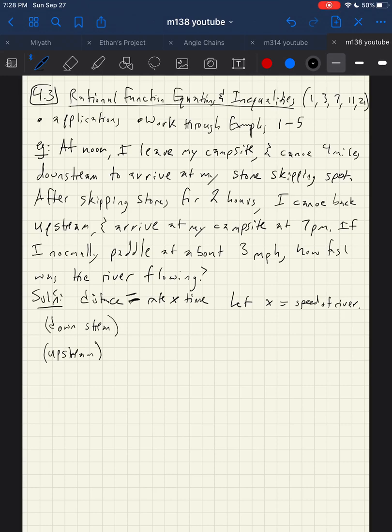So the downstream information, I know I canoed 4 miles, and I know that I canoe at 3 miles per hour plus the speed of the river. So 3 plus x. And how much time did it take me? I don't know. So I'm going to let that be t, another unknown. I'll let x be the speed of the river and t be the time I paddled downstream.